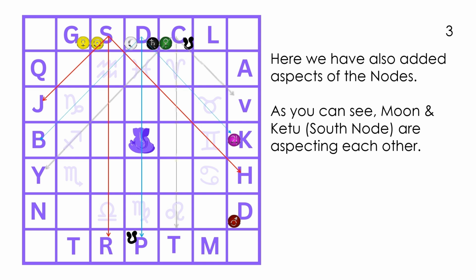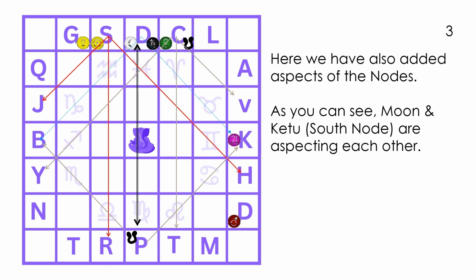So let's represent that. And let's see where North Node is aspecting. It's in Cha. North Node is in Cha. From there, it's aspecting Va sound and Ya sound and Ta sound, Ta for talk. And South Node from Pa is aspecting Bha of Bharat, Da and Da of Delhi, and Ka sound.